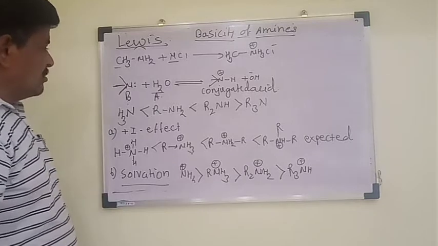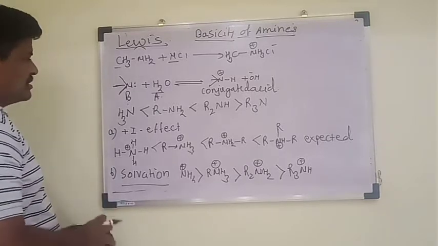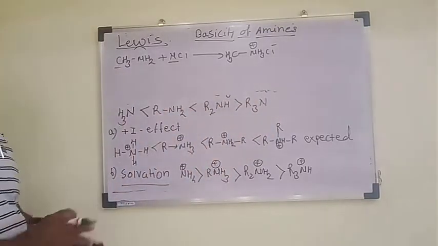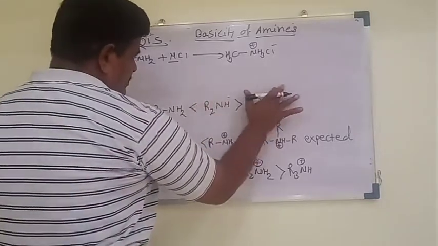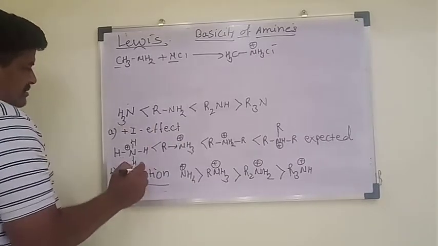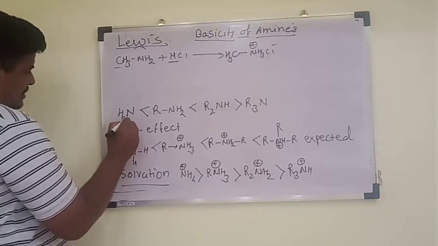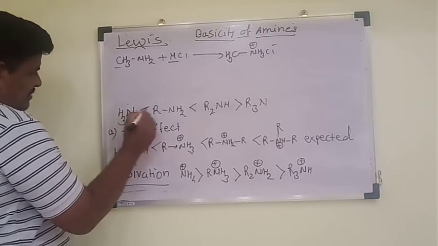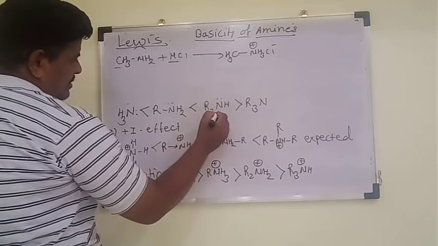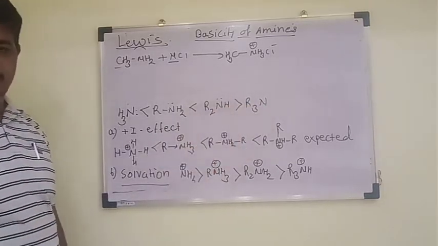Now, what is the order of basicity of amines? Generally, the order of strength of basicity is that ammonia is less basic than primary amine, which is less basic than secondary amine, and exceptionally this secondary amine is more basic than tertiary amine.